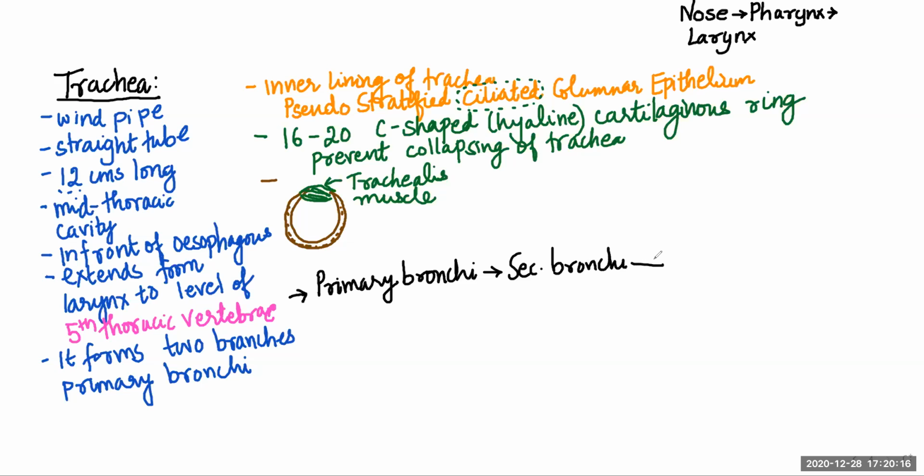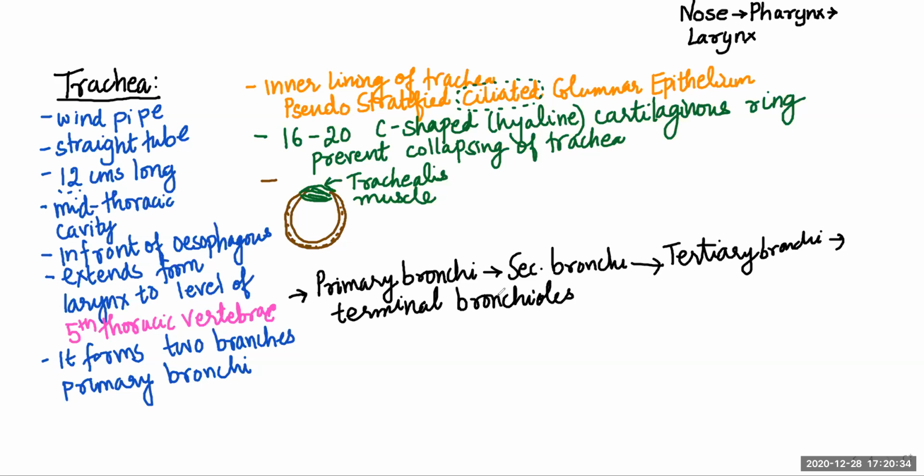Secondary bronchi will divide to form tertiary bronchi. Tertiary bronchi will further divide to form terminal bronchioles. Terminal bronchioles will further divide to form respiratory bronchioles. Yes, so that's the entire bronchial tree. How is it formed?